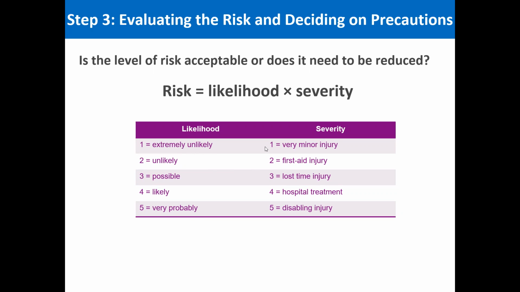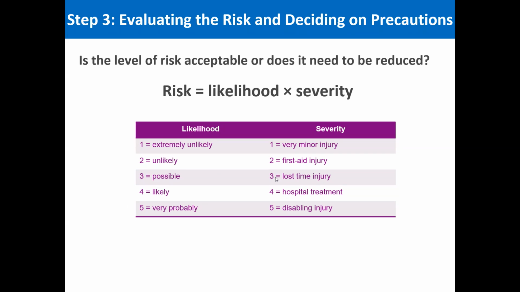Similarly, we can assign a similar rating to severity. For example, if we get a small minor injury like a small cut, we can say the severity is 1. If we might get a first aid injury in which we will need a bandage or something, then we can call it a severity of 2.